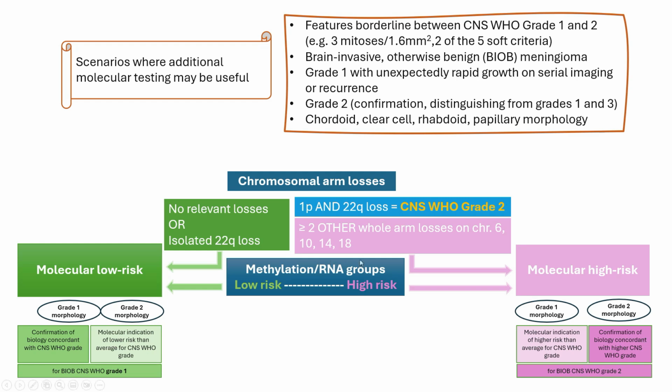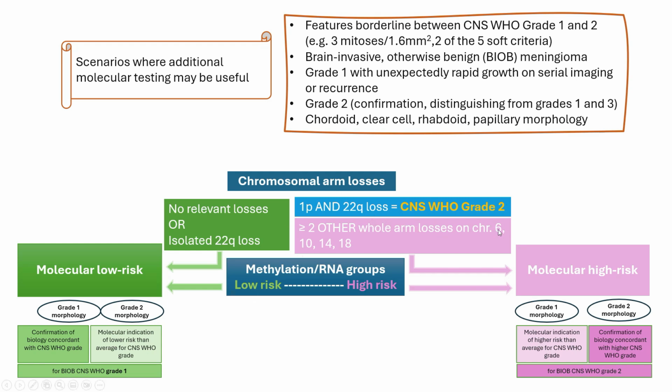So this is what we started doing maybe 2 or 3 weeks ago here at Baptist Clinic. So if I'm going back to our case, it showed a loss of 1p and 22q, and 3 other chromosomal changes were found, but these were not relevant.